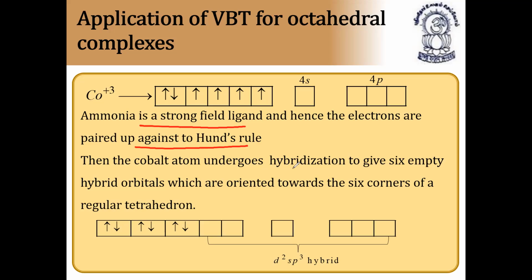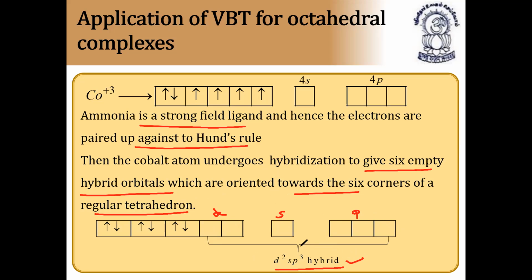Then the cobalt atom undergoes hybridization to give 6 empty hybrid orbitals, oriented towards the 6 corners of a regular octahedron, and the hybridization is d2sp3. d2 because of two d orbitals, one s orbital and three p orbitals. So this is d, this is s and this is p. The d2, 1s and 3p orbitals overlap with each other and form d2sp3 hybridization.